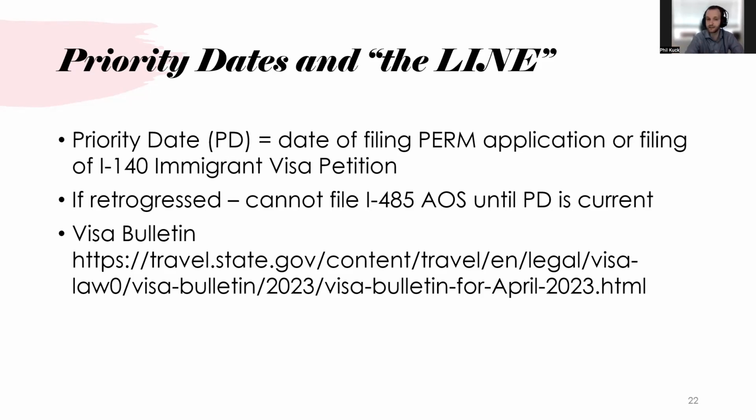It stinks because in the United States, you can't do that. You can only file once it's current for the final action date, and then you have to wait however long for USCIS to adjudicate that adjustment of status application.